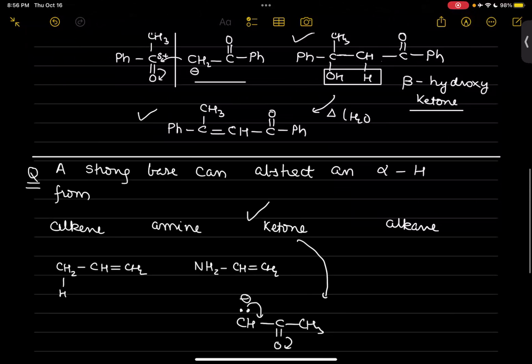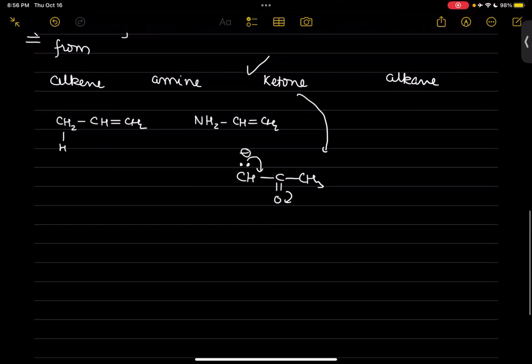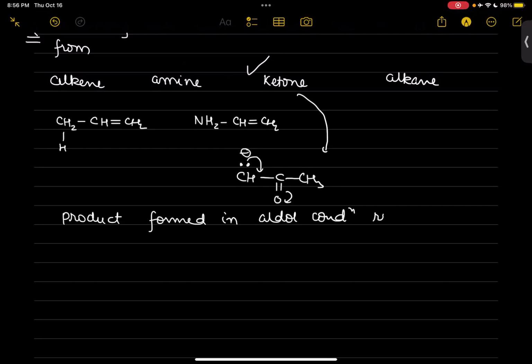Okay. They have also asked directly: the product formed in aldol condensation reaction is? So which is the product? Formed in aldol condensation reaction. Beta hydroxy acid.